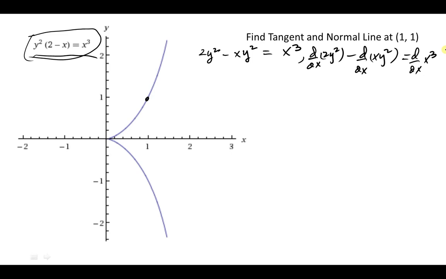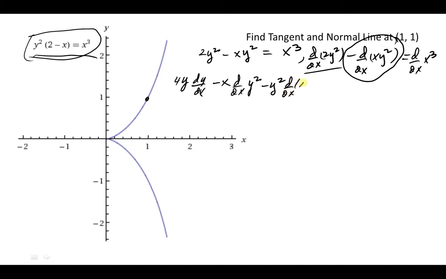Performing these operations, we get 4y dy/dx. For this term, we have to use the product rule, so it's going to be minus x d/dx of y squared minus y squared d/dx of x, of course that's going to be 1, equals d/dx of x cubed, which is 3x squared.